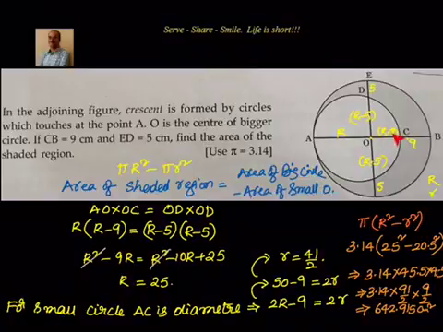Since the product of the segments are equal, R into R minus 9 is equal to R minus 5 into R minus 5. So we can find out capital R. Then we know that the diameter of the small circle is 2R minus 9. Substituting capital R value as 25, we are able to find out that small r is equal to 20.5. Once we get capital R and small r, it's very simple, just a little calculation, and we find that the area of the shaded region is equal to 642.915 cm square.